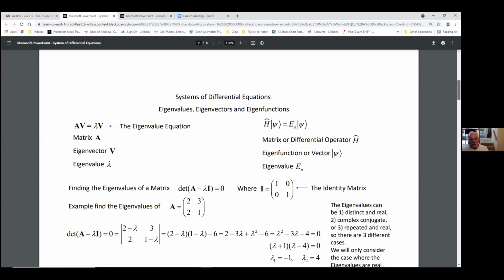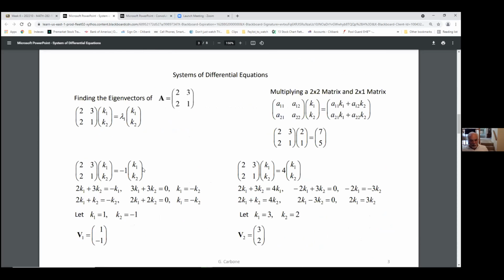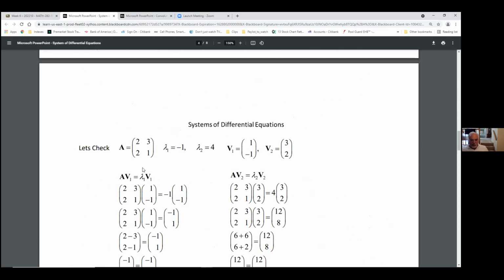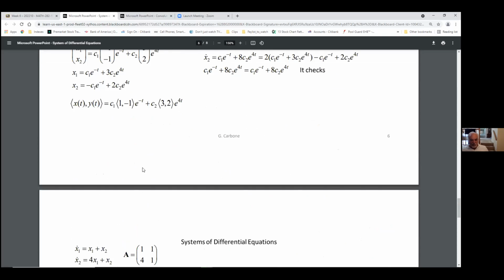I have to talk about eigenvalue equations and finding the eigenvalues and eigenvectors, and this is the way you have to solve it on the exam. Just like before, there are different cases where the eigenvalues could be real, repeated, or complex. That should sound familiar from when we did systems of linear equations.